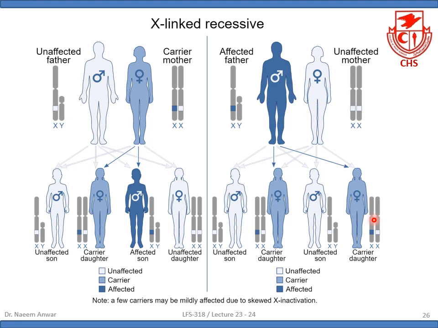On the other hand, they will always have unaffected sons, because the mother will always give them a healthy X, since she has two healthy copies, while they will always get the Y from the father. So as you can see, for the recessive they will have a combination. If it's on the mother, then it's more serious than if it's on the X chromosome of the father.